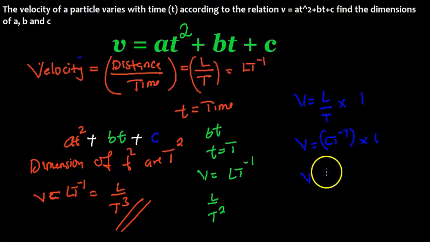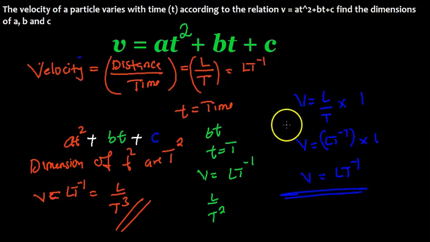Therefore, this is simply going to be LT minus 1, which is the same as the dimension for velocity. At this point, we can finally conclude and state the dimensions.